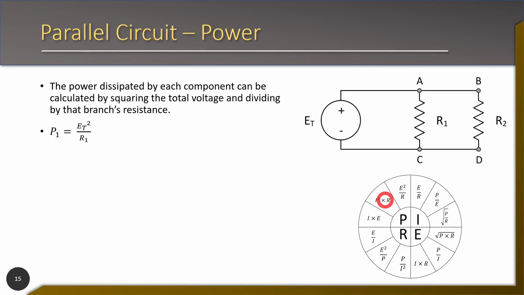Since we only have one resistor in this branch, we're going to call it P sub 1 for the power in R1, and it's going to be our total voltage squared. Remember, our total voltage and E sub 1 are the same thing because voltage is common in a parallel circuit, and divide that by R1. And for the second branch, P2 is going to be E total squared divided by R2.